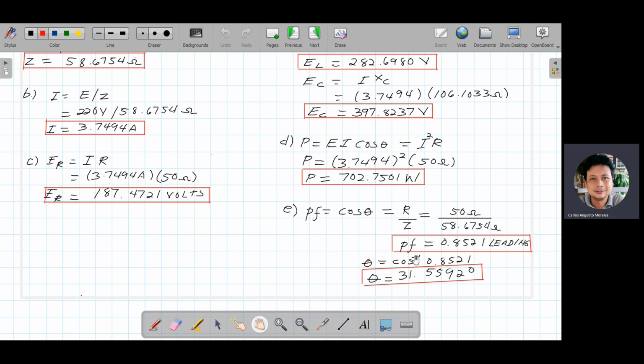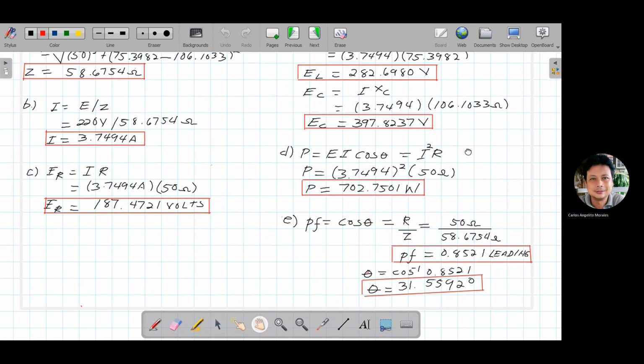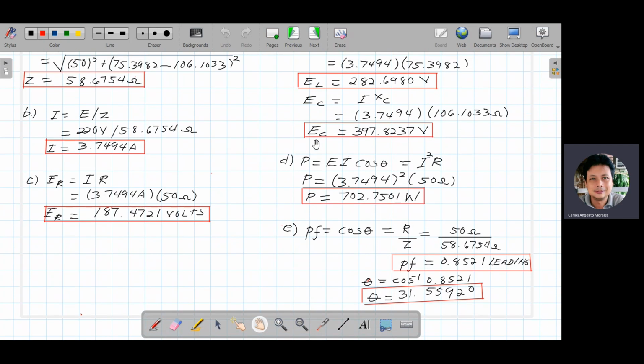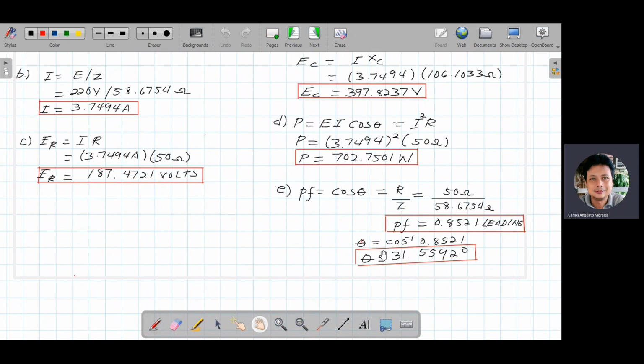Yung Z is impedance yun, ha? Power factor is 0.8521 leading. O bakit leading na yun? Mas malaki yung capacitive voltage sa inductive voltage. Kaya leading siya. So yung theta niya is arccosine of 0.8521. Ang phase angle niya ay 31.5592 degrees.